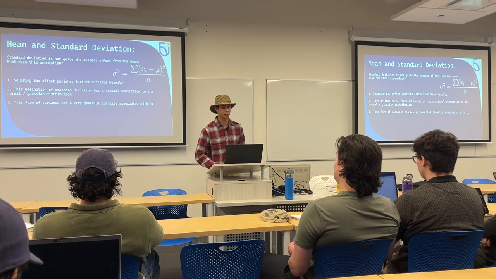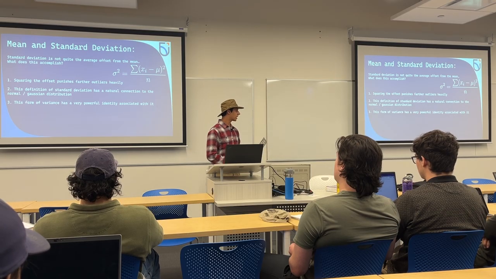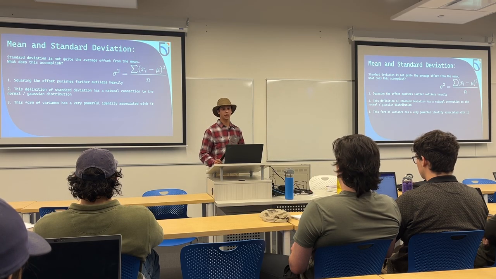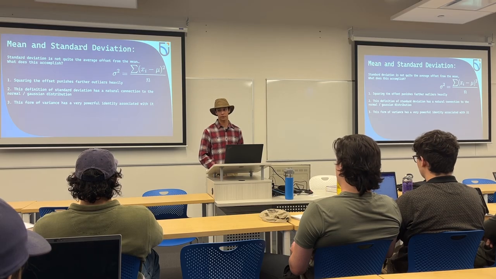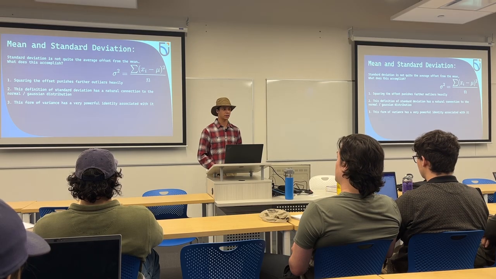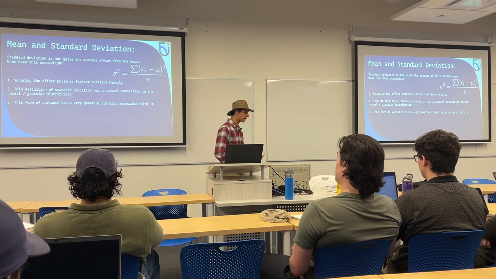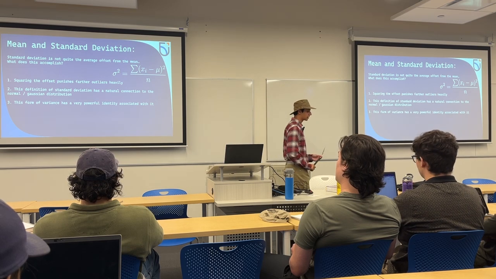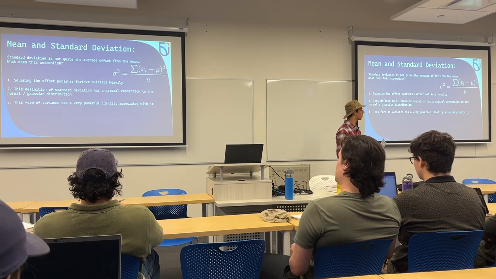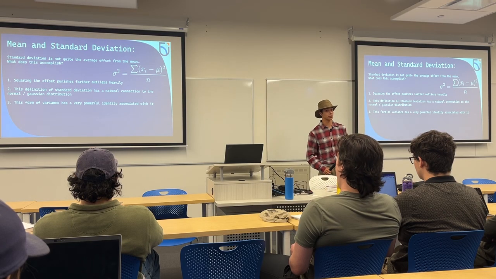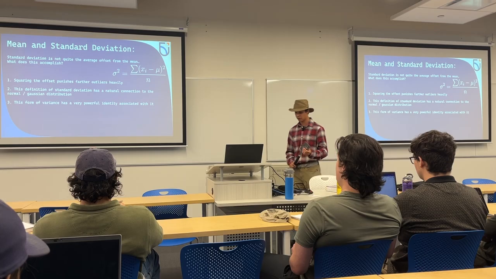The second, which is a bit hand-wavy, is that this standard deviation definition ties into the normal distribution very nicely. And the normal distribution ends up describing a lot of things, which I will not cover, at least in this lecture, or even in the one I have on distributions, because honestly, the normal distribution deserves its own dedicated lecture, in my opinion.